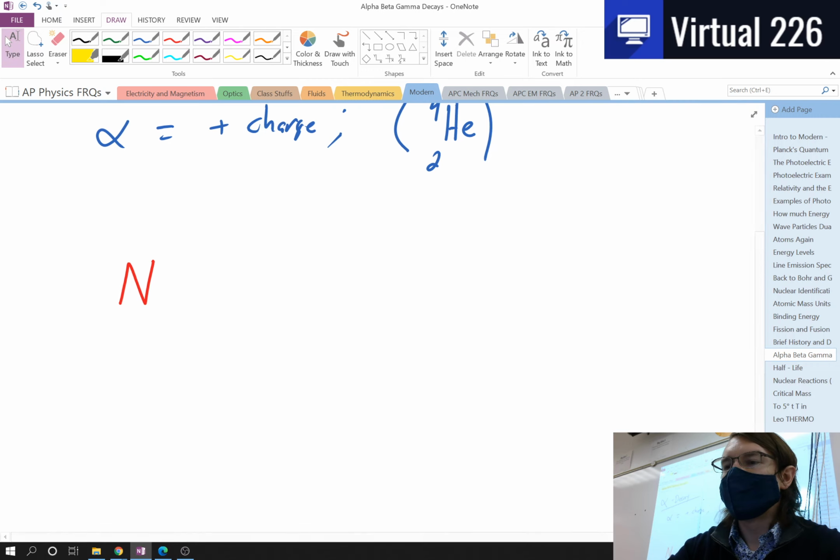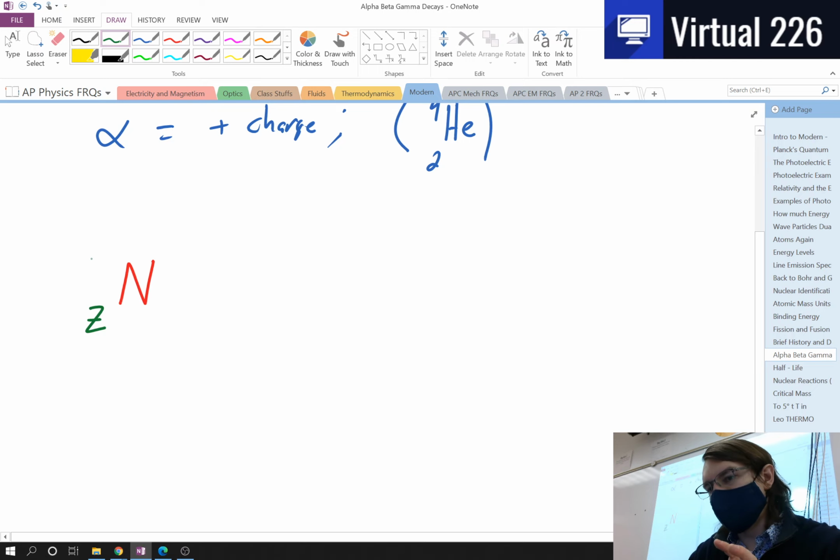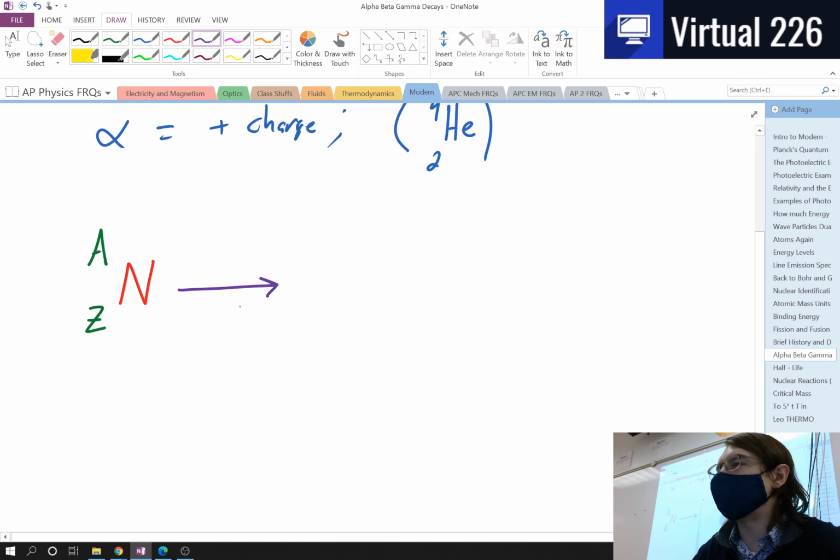Anyways, if you have an element symbol there, and recall, an element symbol has an atomic number and an atomic mass number. This element will decay, and this pains me to write this as a physicist, but decay, it yields. It's that chemistry arrow coming back to haunt us.